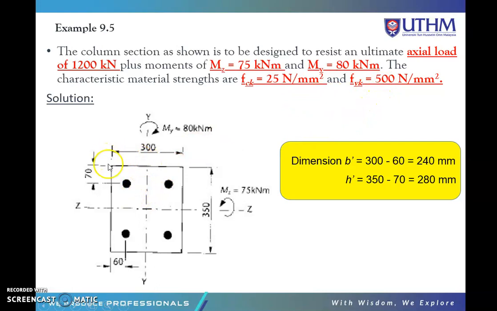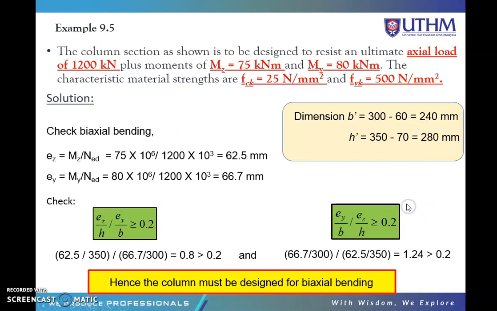So first of all, we need to find the value of b prime and also h prime. So h is 350. The h prime is 350 minus 70. So b prime is b minus this one. So b prime equal to 140, h prime is equal to 180.